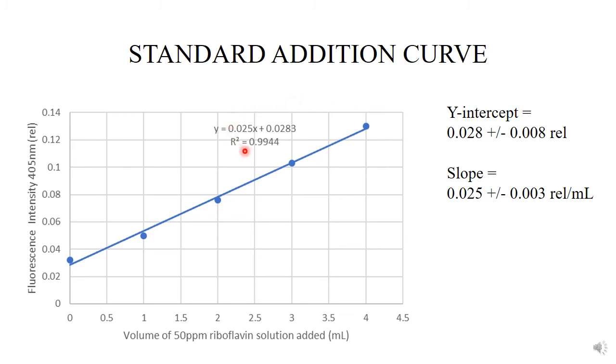The R-squared value for the standard addition calibration curve is closer to 1 than that of the standard solutions curve, which matches with the theory that standard addition is a better method than standard solutions for this experiment. The y-intercept with a 95% confidence interval was 0.028 plus or minus 0.008, and the slope was 0.025 plus or minus 0.003 relativity over milliliters.